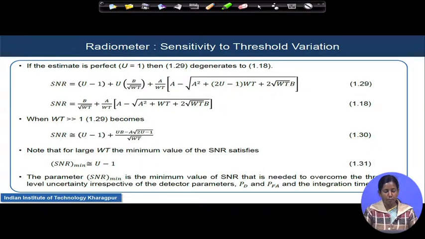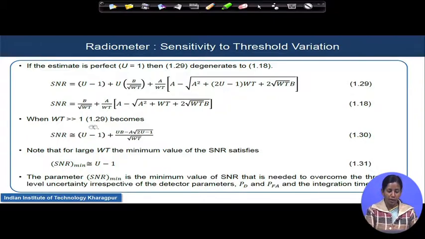And now, if I put this uncertainty value equal to 1 in this new SNR expression, you will get back the original, the old expression that we saw when we expressed the detection probability in terms of the false alarm probability itself.